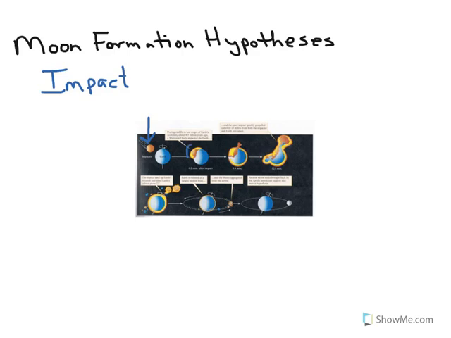That collision knocked material off of the Earth. Now, because Earth was mostly molten at this stage, it was able to reform itself into a nice round shape. And the material that got knocked off, most of it went into orbit around the Earth.